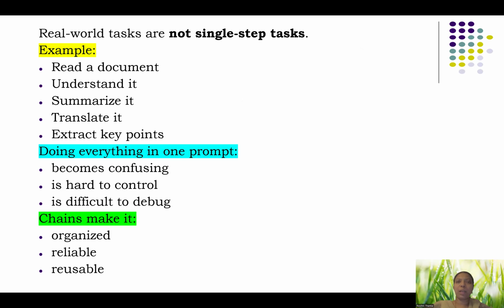But instead, I can divide it into small steps, and every step we can call a chain. Doing everything in one prompt may be confusing, difficult to manage, and difficult to debug. But if I make it small steps as a chain, then I can organize it, reuse it, and manage it very well.